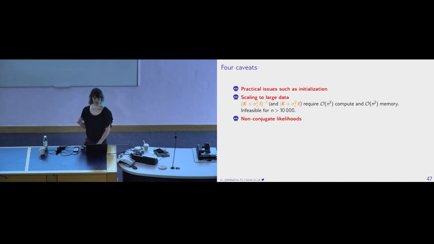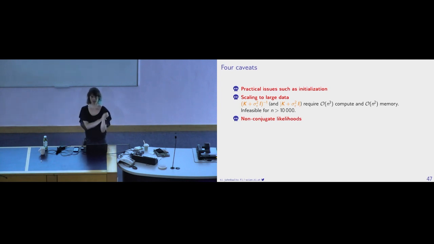Then the third point is, so far I just assumed that our observation model is the latent function corrupted by additive Gaussian noise. And in practice, that again might not be a good assumption for your use case. Maybe your observations are positive, you know they have to be positive, maybe they're even discrete, maybe you're modeling counts of gene expression and you know it's an integer number larger than 0, what do you do?